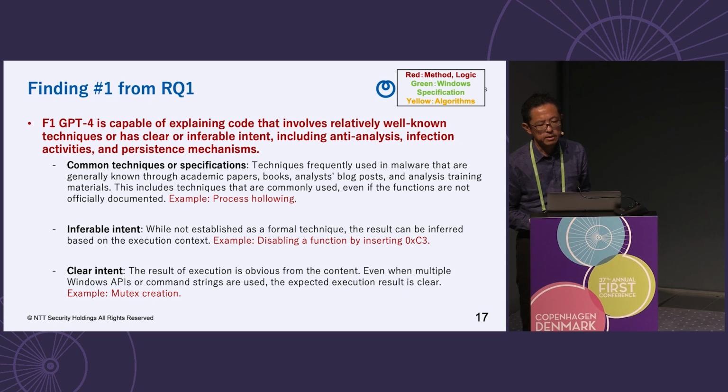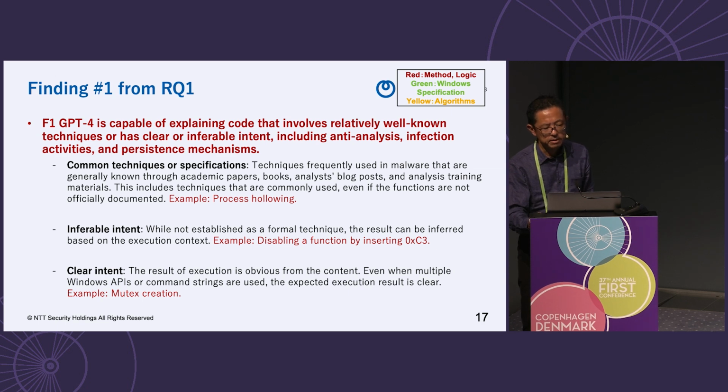The second one is inferable intent. It refers to techniques where the purpose isn't immediately obvious, but we can guess it from context. A good example is inserting ZXC3, as I explained, to silently disable a function.